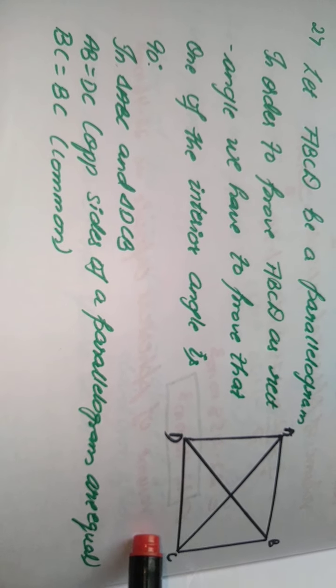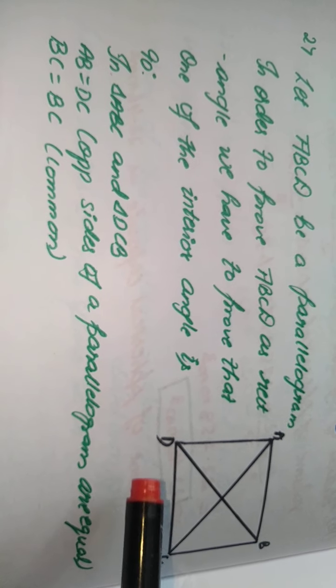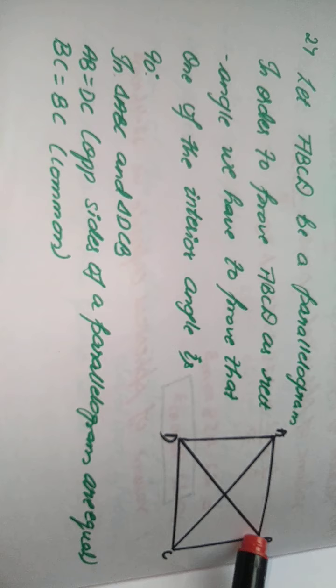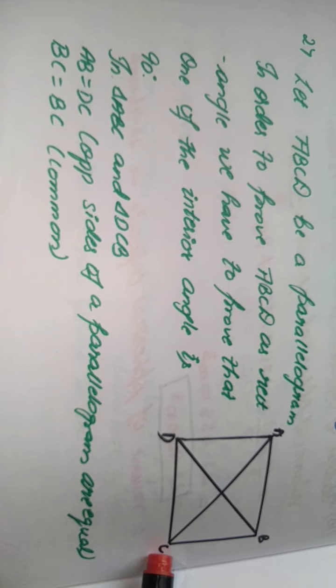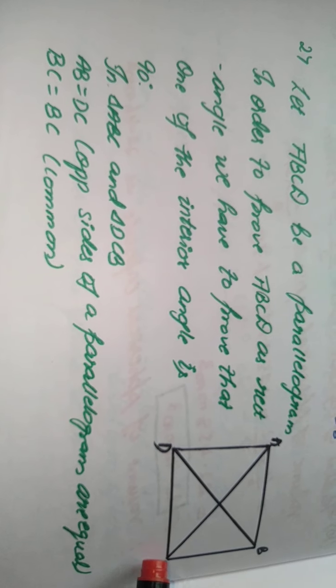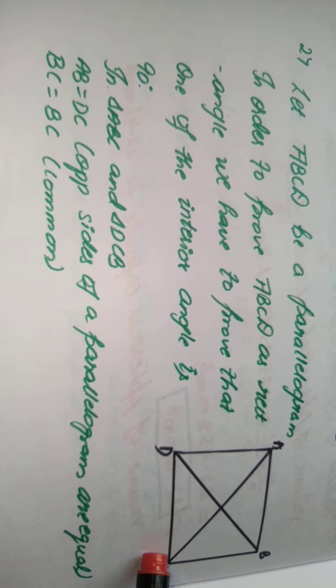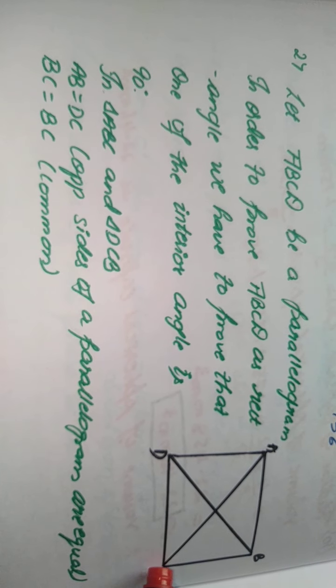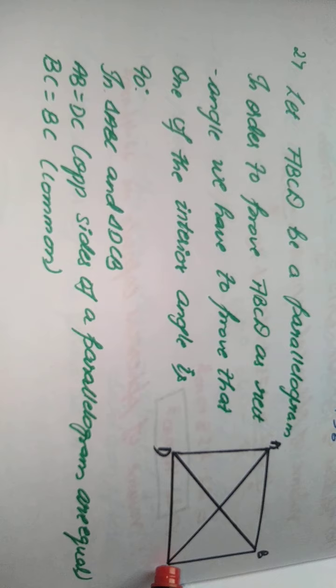I have taken ABCD as a parallelogram. As they have given that the two diagonals are equal, I am going to take two triangles and prove they are congruent. Later I will take two angles as equal, and from there I will prove one of the angles is 90 degrees.